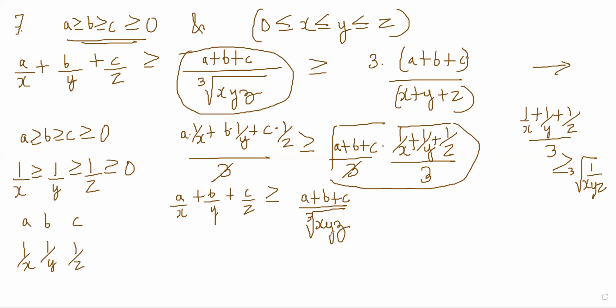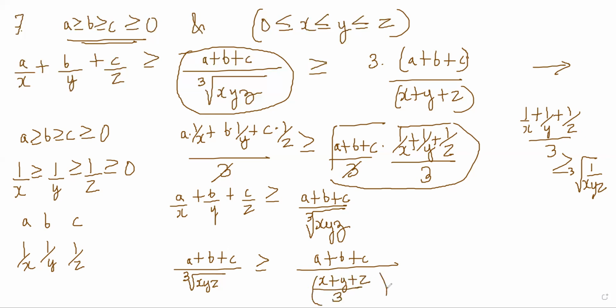The next part follows from AMGM because we can say that A plus B plus C by cube root of xyz will be greater than equal to A plus B plus C by, instead of the GM here, which is the GM of three numbers x, y, z, I can do the AM of the three numbers, right? Divide by the AM. Think about it.